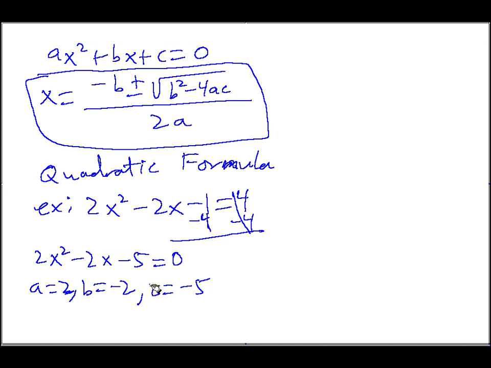Now, what do I do next? Well, just plug it into the formula. Let me continue up here since I ran out of space. So I'm going to get x equal to negative b. B is negative 2, so negative 2 plus or minus the square root of b squared, which is negative 2 squared, minus 4 times a, which is 2, times c, which is negative 5.